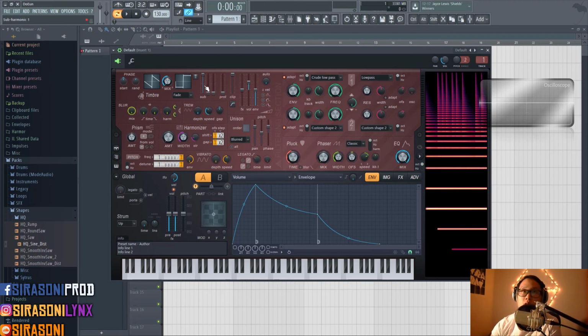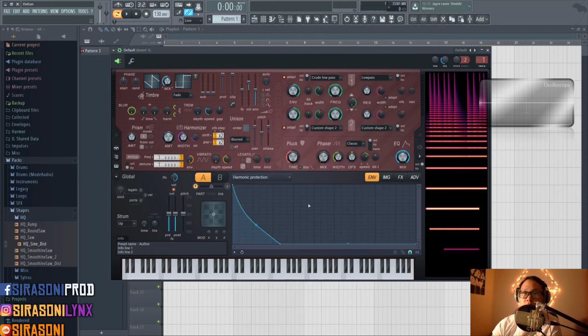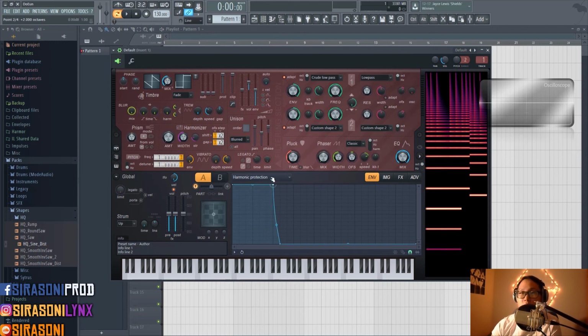Ooh, coolio. All right, harmonic protection is basically protecting certain things, like if you do filters and phases, and setting which of the harmonics always get played. So let's say we turn this on, and under the hood there is harmonic protection right over here. So these harmonics are always being played.